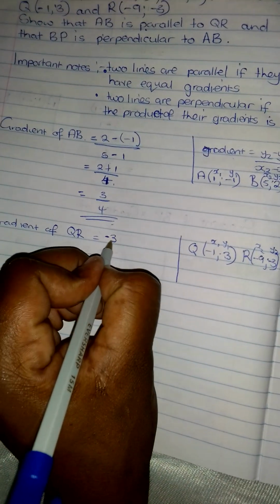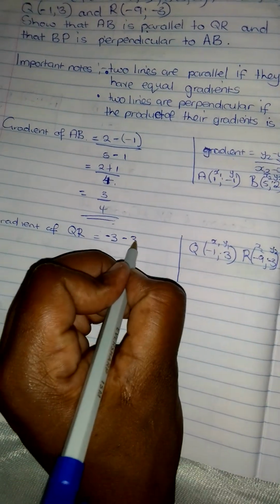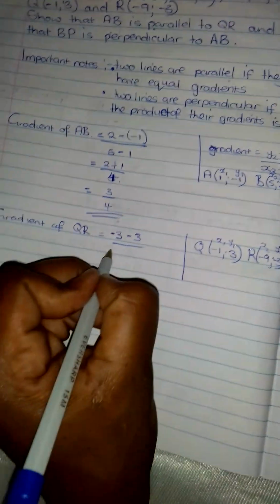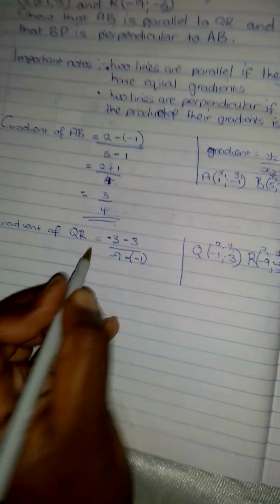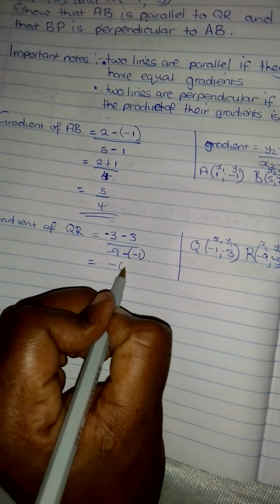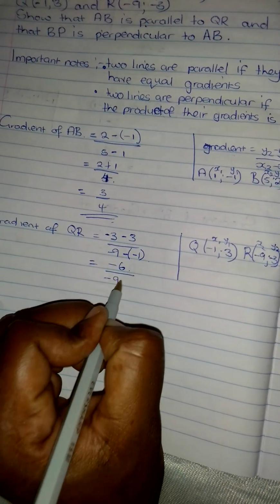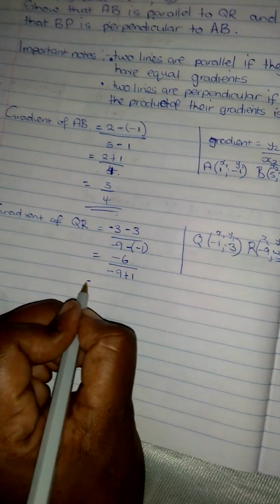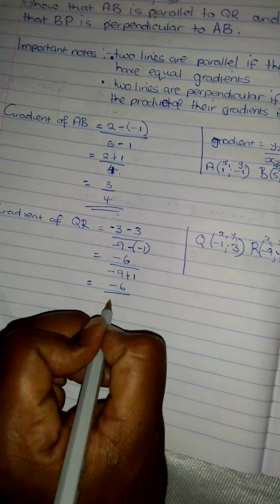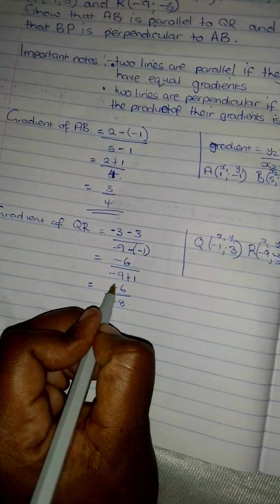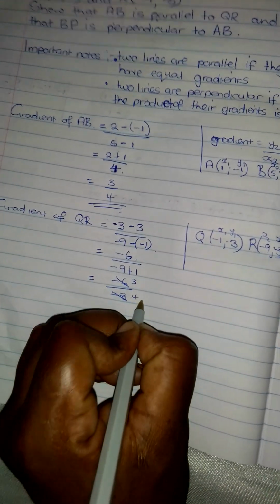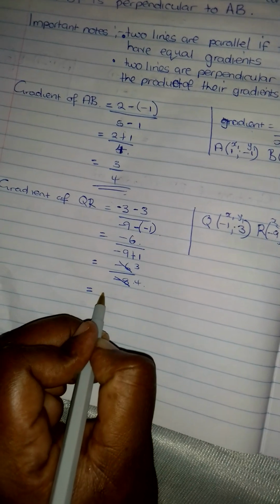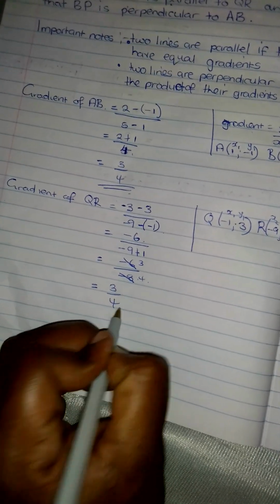Y2 is -3 minus y1, 3, over x2 -9 minus x1 -1. This simplifies to -6 over -9 plus 1, and this becomes -6 over -8. Dividing by -2, 3 over 4. So the gradient simplifies to 3/4.